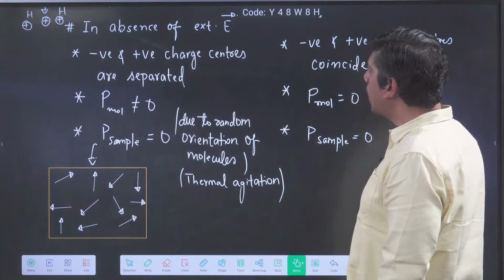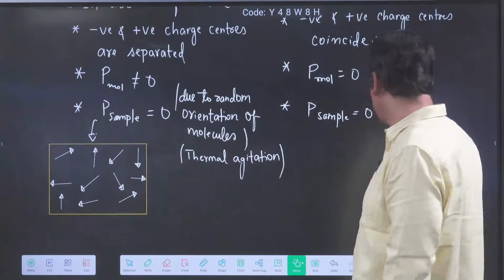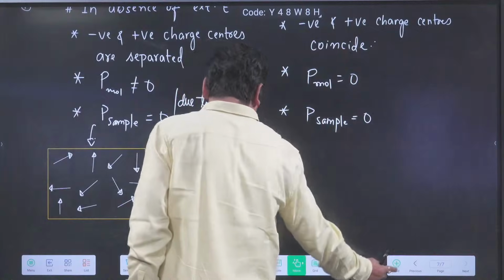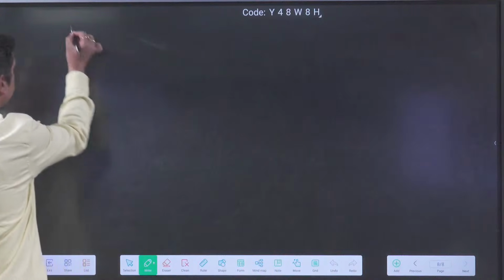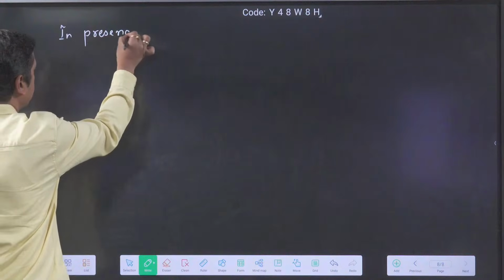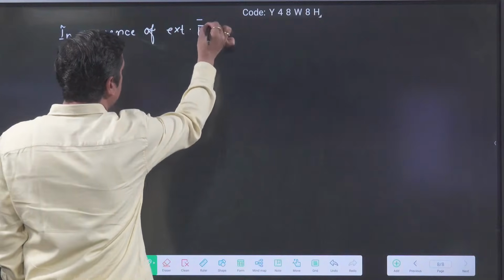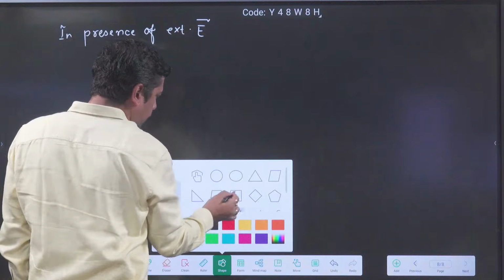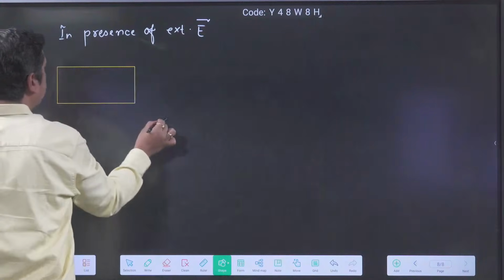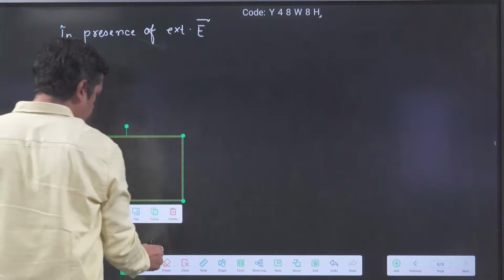Now, what happens in the presence of an external electric field? Let's see. In the presence of an external electric field, let's say it's a polar sample only.